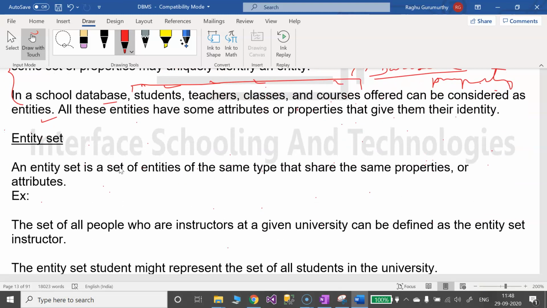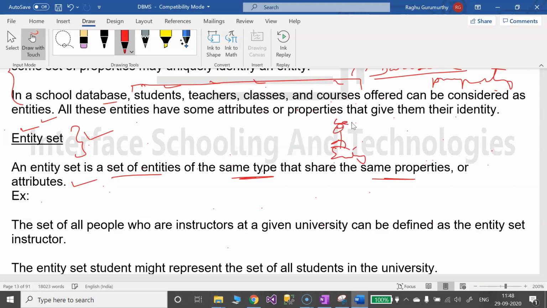Then what do you mean by entity set? If you have a single entity, that is nothing but an entity. If you have more than one entity, that is an entity set. They are saying the same thing here: an entity set is a set of entities of the same type that share the same properties or attributes. Suppose I consider myself as an entity.